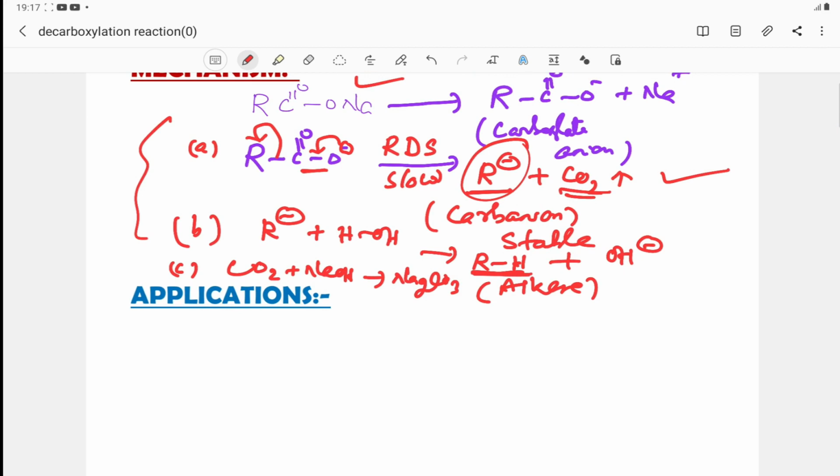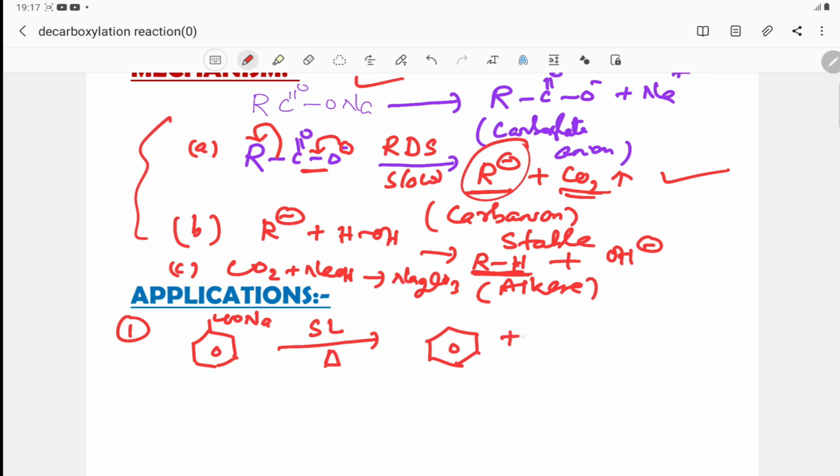Let us see some examples of decarboxylation reactions. Suppose you take sodium benzoate. When it is heated in presence of soda lime, written in short form as SL, it produces benzene plus sodium carbonate.